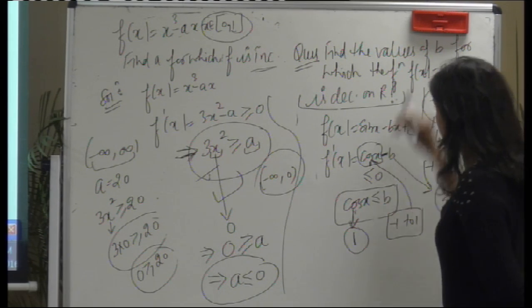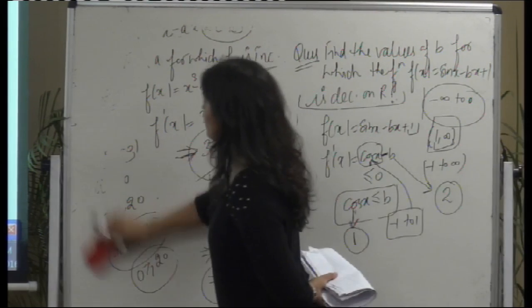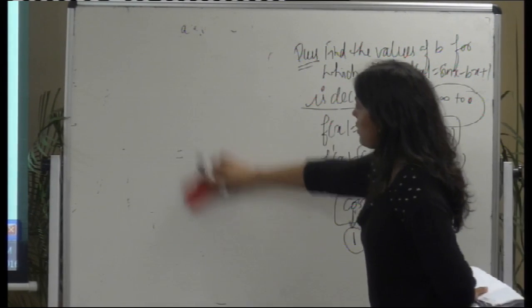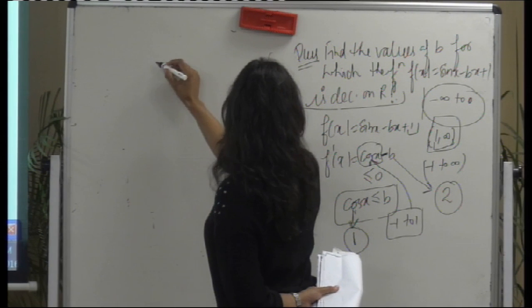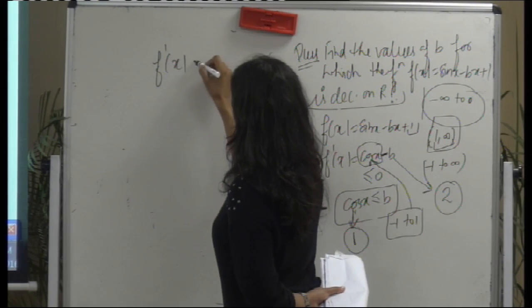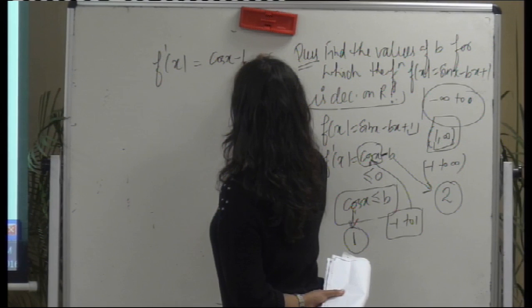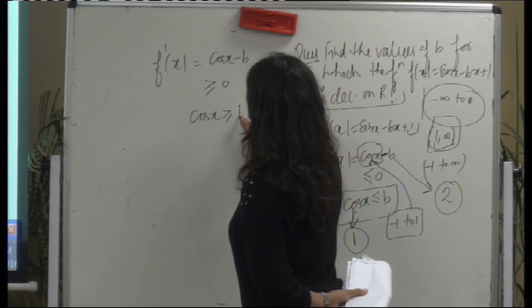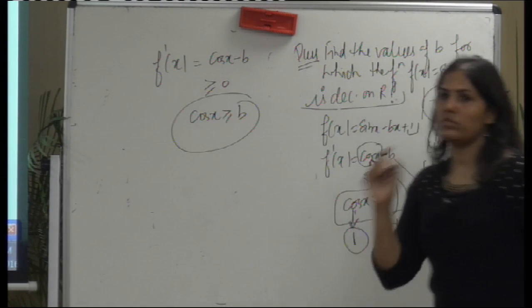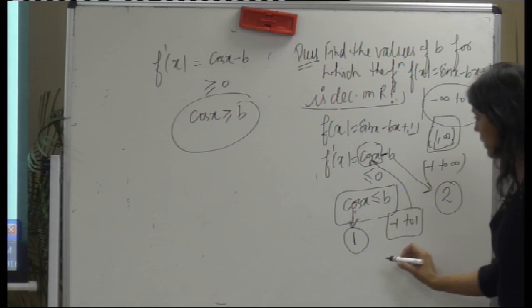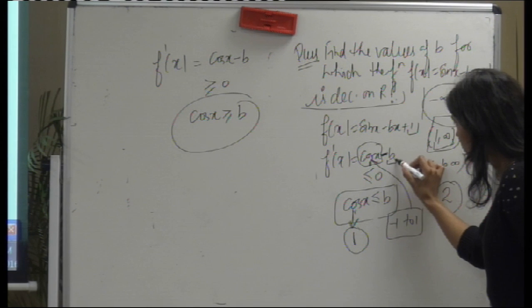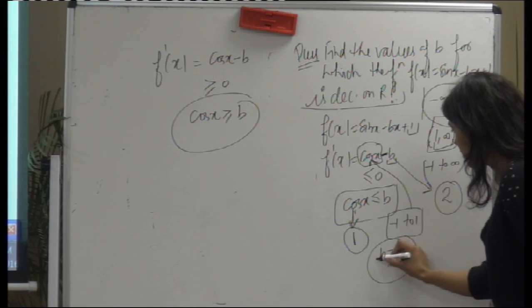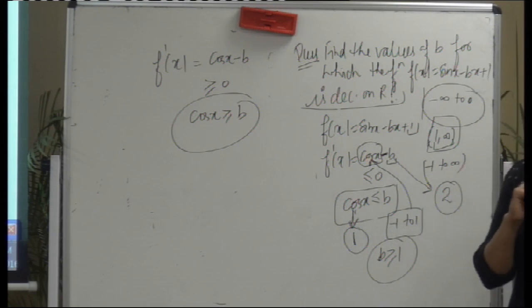Okay, actually you are right. The question is different. I was taking the decreasing case, I just changed the question. Any b value which is greater than or equal to 1 is working. Sorry, your answer is correct, because cos x value will lie between minus 1 and 1.